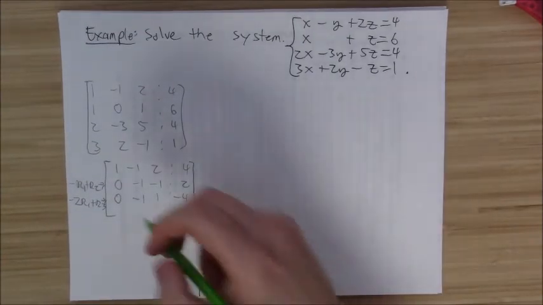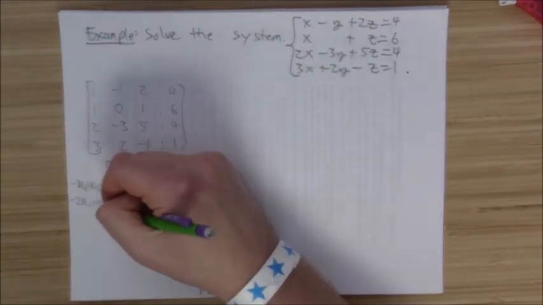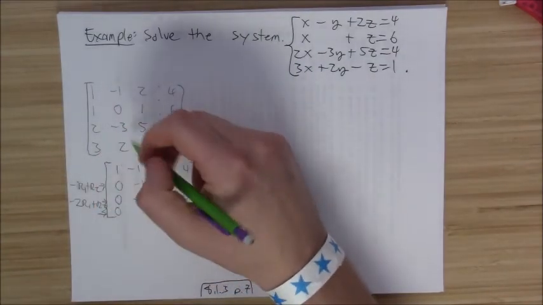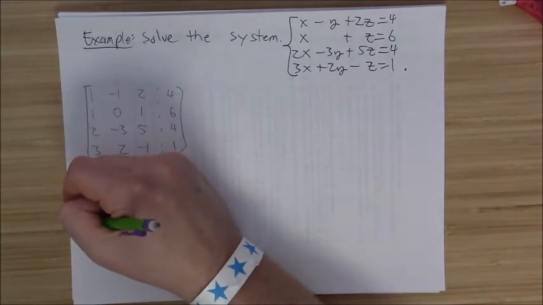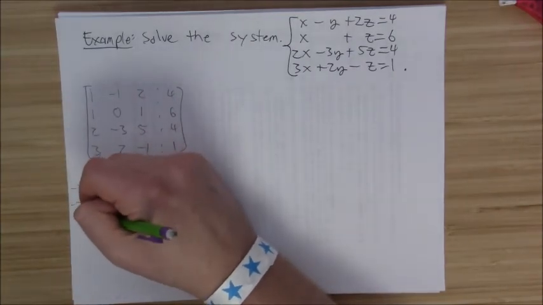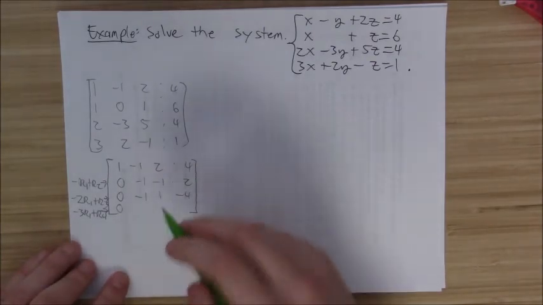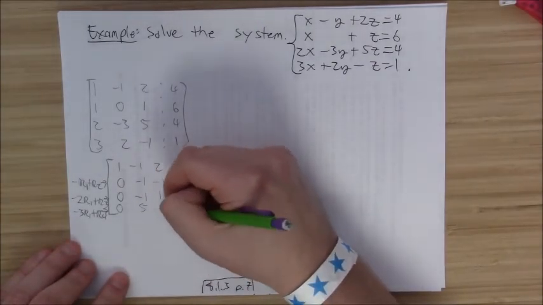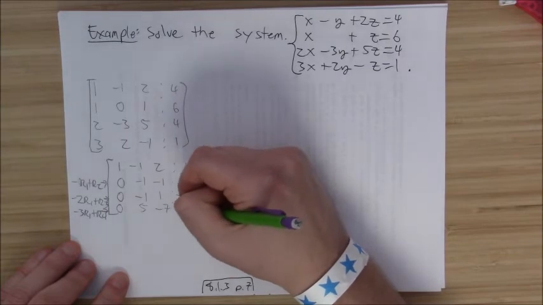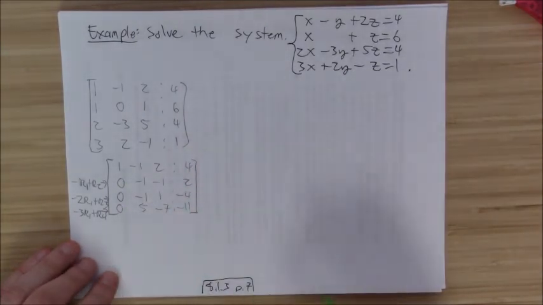And then finally, to make this one a 0, we would need to take negative 3 times row 1 and add it to row 4 to get a new row 4. So we would have 0, 5, -7, and -11. And like that, we now have our first column done.